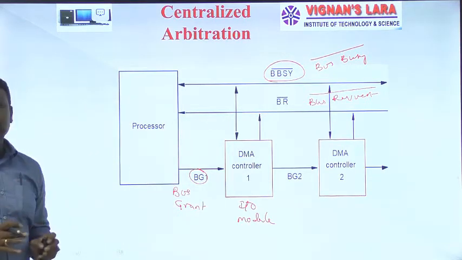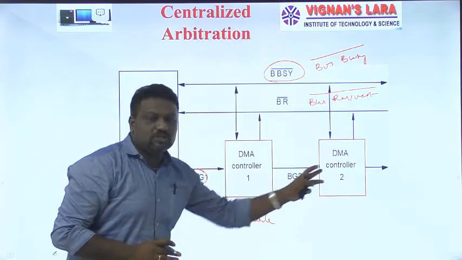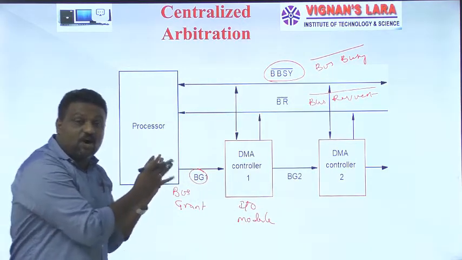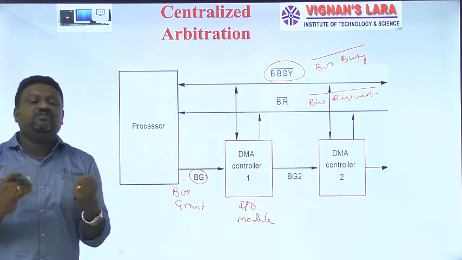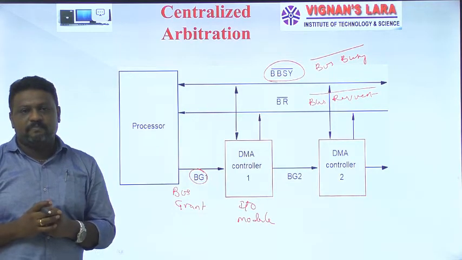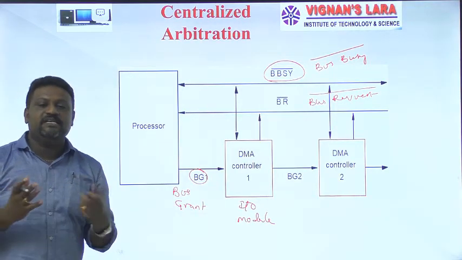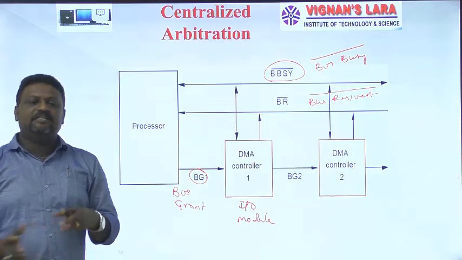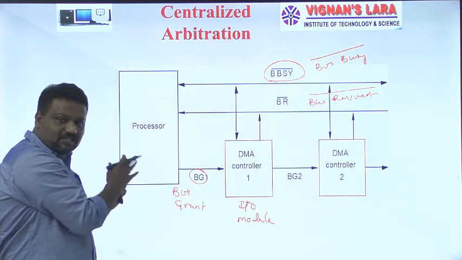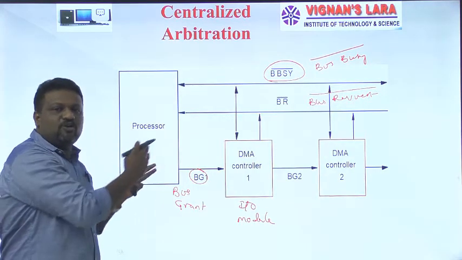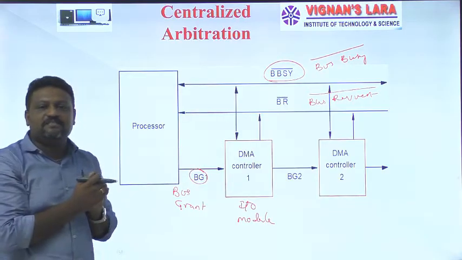The important thing here is that the DMA controllers in this system are organized in a daisy chaining fashion. We know that in a daisy chaining connection, our processor or the CPU issues an acknowledgement signal to the nearest device.